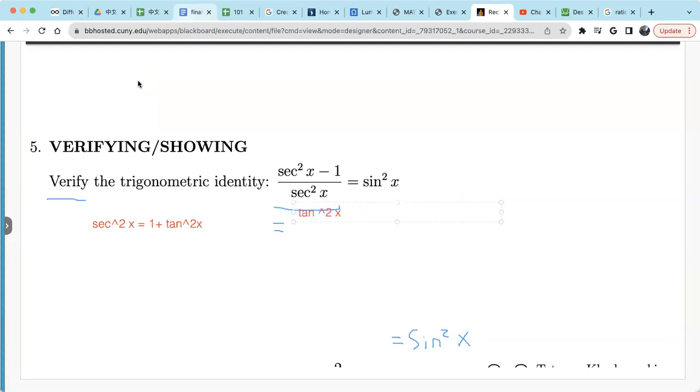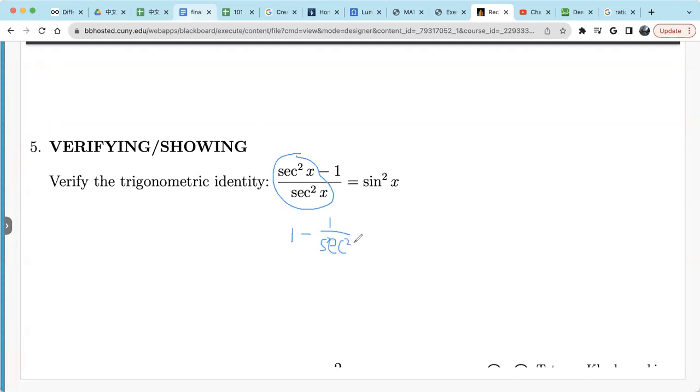Now the denominator. Oh, actually, you know what? Let's not go this way. Let's go the other way. The other way is much easier. You see this? We just split. Something divided by itself, we get 1. Then 1 minus 1 over secant square. Remember what 1 over secant is?